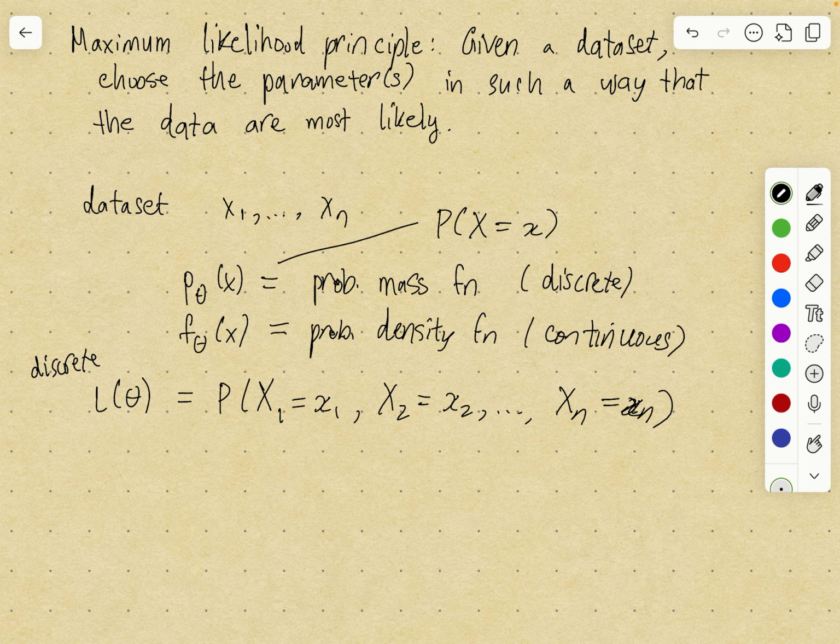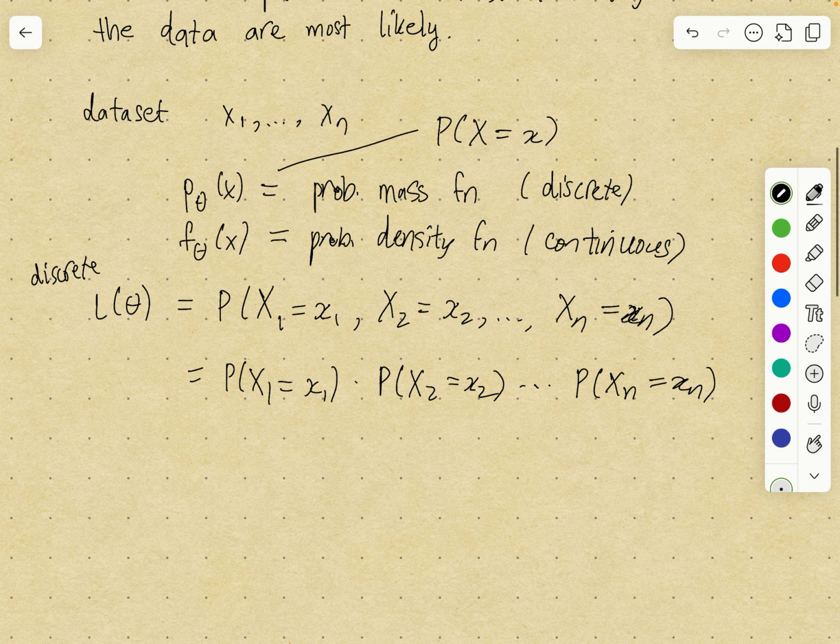Okay. And we're assuming that these are independent. So this will just be the probability that capital X1 is little x1 times the probability that capital X2 is little x2, times the probability that capital Xn is little xn. Well, that's just the definition of the probability mass function, right?